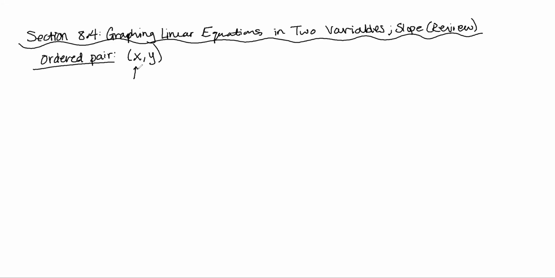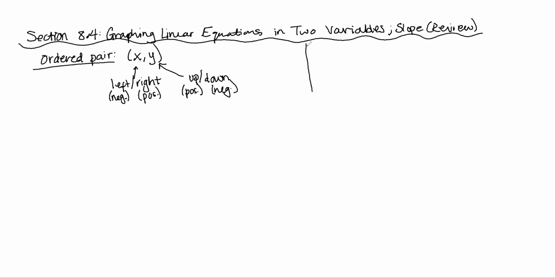Remember, x is moving left or right: left if our number is negative, right if our number is positive. And then y moves us up or down: up if the number is positive, and down if the number is negative. So that's just a point on a graph.